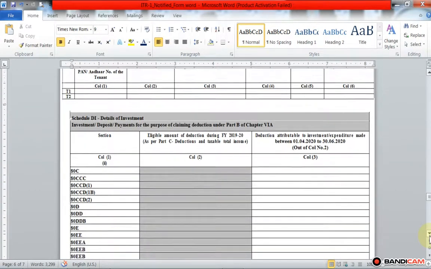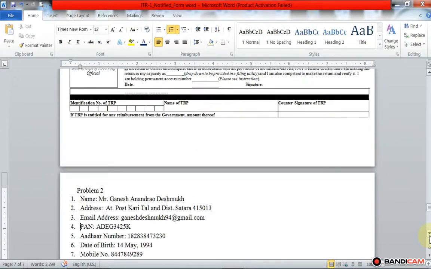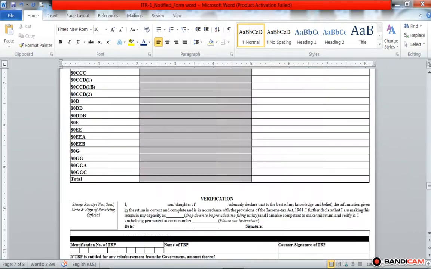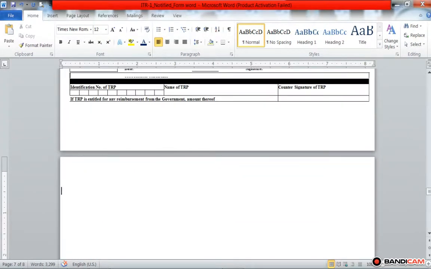So again we write down the slab rates. According to this slab rate: first, income up to rupees 2,50,000, the tax rate is nil.